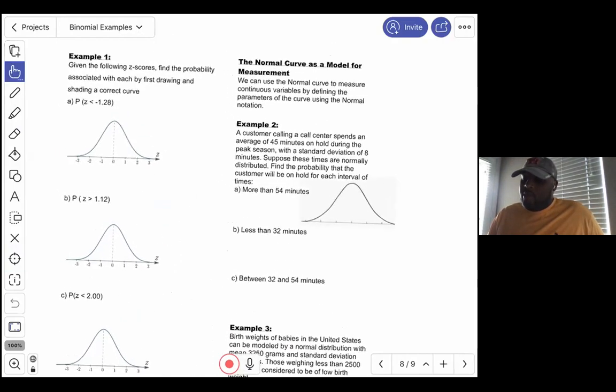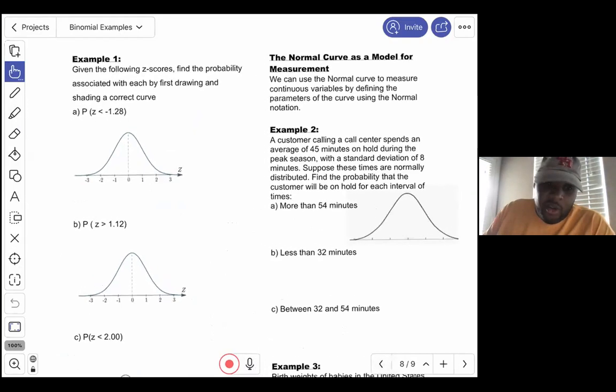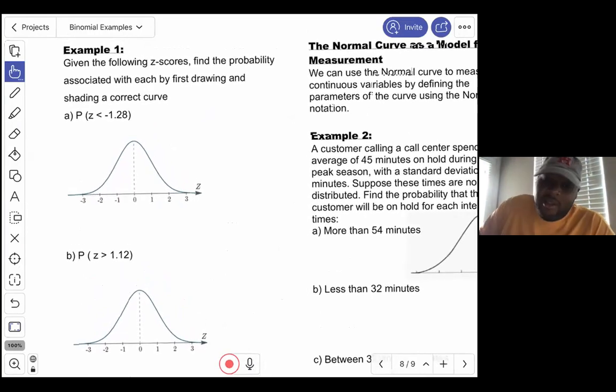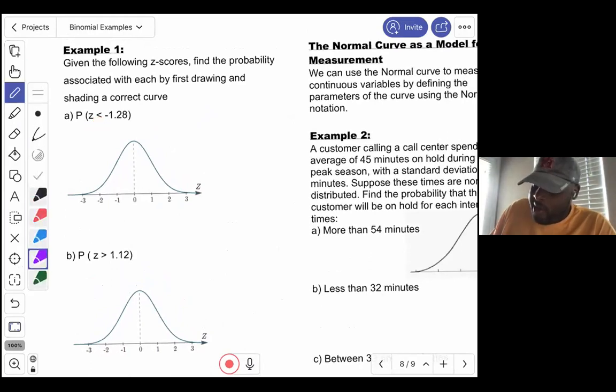It says, given the following Z-scores, find the probability associated with each by first drawing and shading a correct curve. I've drawn curves for you, but generally speaking, you draw your own curves. This first one says, find the probability that Z is less than -1.28. This sign is telling me which way to shade already. All I have to do is go on my curve and locate -1.28, which sits somewhere between -1 and -2.